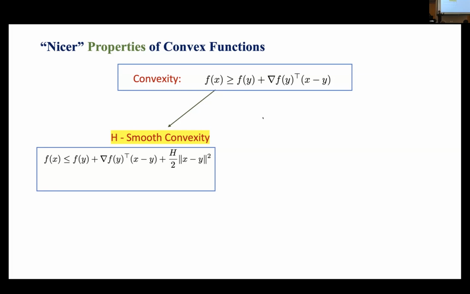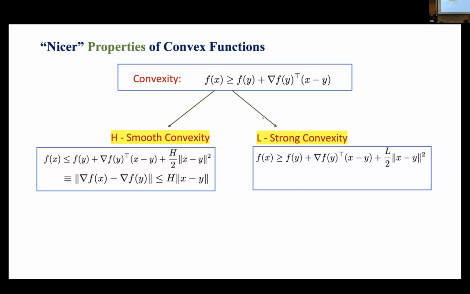So it essentially says that my function should not change too drastically between two points. It also says that the gradient of my function is H-Lipschitz if the function is H-smooth, so the gradient does not change too much between two close points. That's a nice property of convex functions, and we'll see how we can exploit it. Gradient descent performs well when the function is fixed. It can perform better than the 1 over square root T convergence that we have seen before.